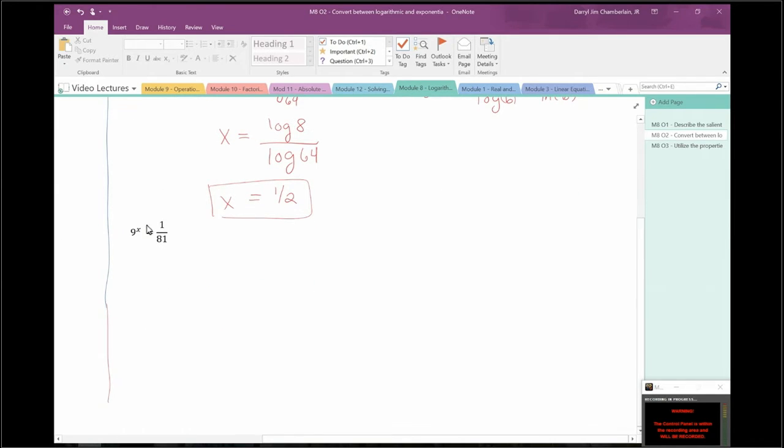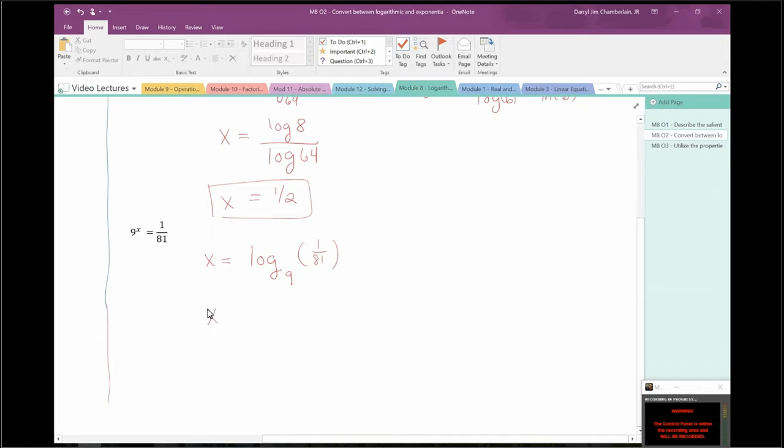So now let's see what happens when we have something a little bit more complicated. So again, we're solving for x, and that's log base 9 of this 1/81.